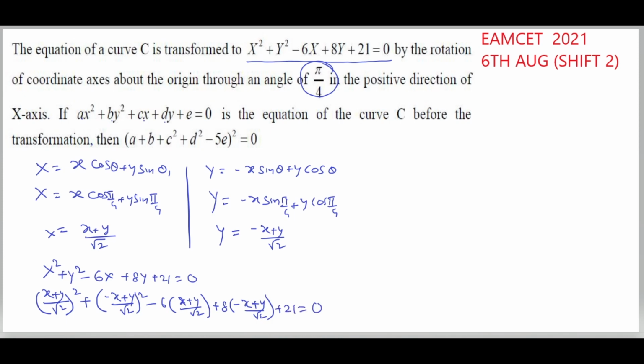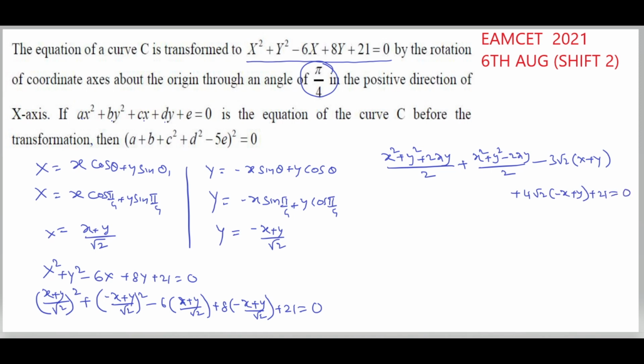Expanding, x plus y by root 2 whole square is x square plus y square plus 2xy by 2, plus x square plus y square minus 2xy by 2, minus 6 by root 2, that is 3 root 2 into x plus y, plus 8 by root 2, that is 4 root 2 into minus x plus y, plus 21 is equal to 0.